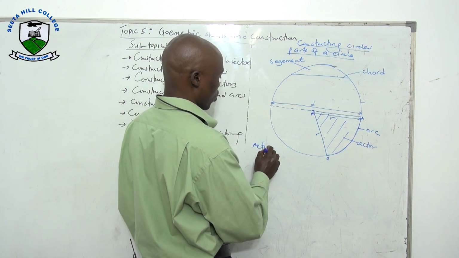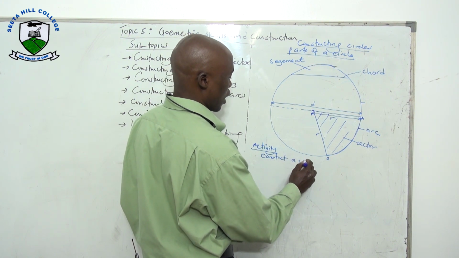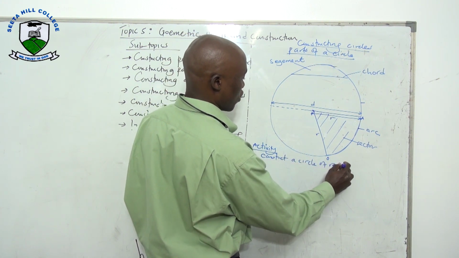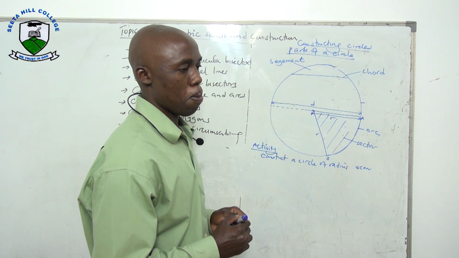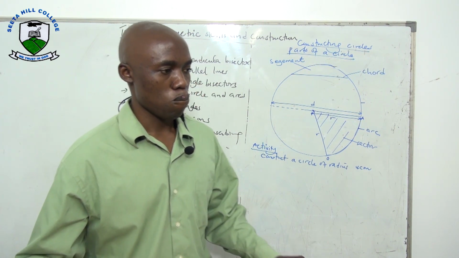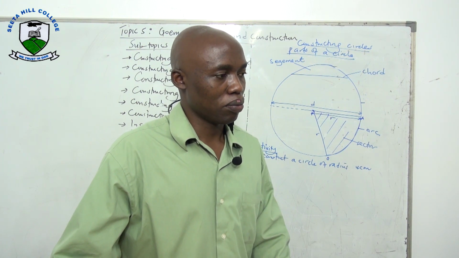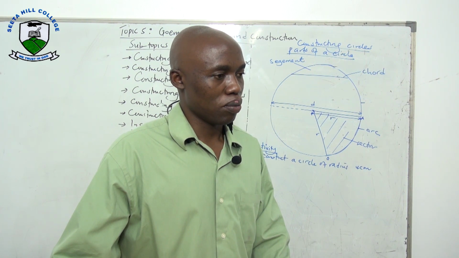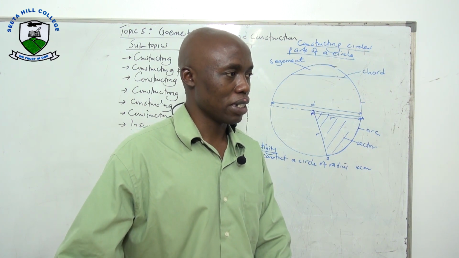Construct activities: construct a circle of radius 4 centimeters. That one, it means you just measure how many centimeters? 4.